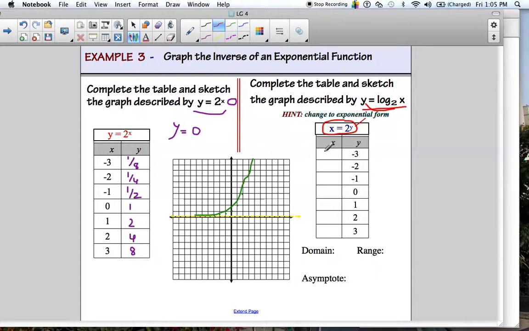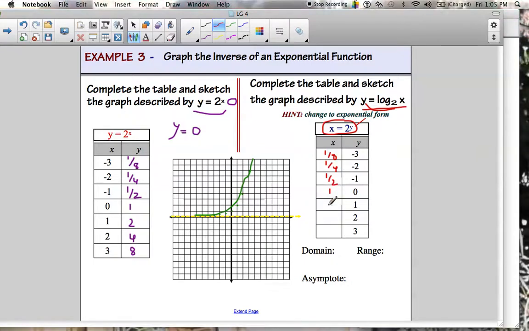So we know we get 1/8. Put 2 in there, I get 1/4. Get 1/2. Get 1. So you're probably seeing there is a pattern going on here.